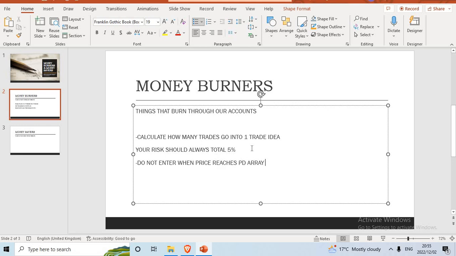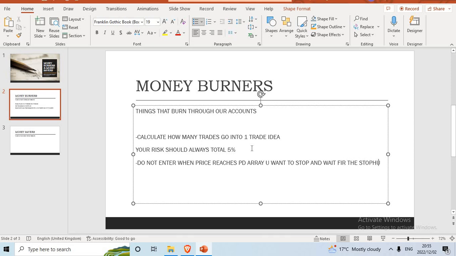You want to use this as a mechanism where you can see the other traders entering, and then you want to enter on the following move. There's going to be a stop hunt after price reaches your PD array, so you do not want to enter before the stop hunt. Every time price reaches a PD array, you want to stop and wait for the stop hunt.